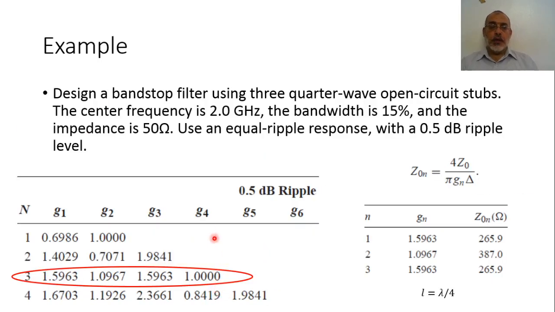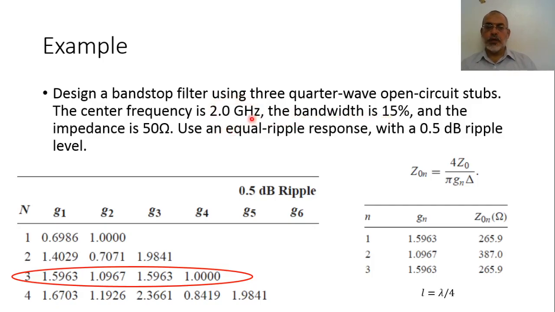As an example, it is required to design a bandstop filter using 3 lambda by 4 open circuit stubs. The center frequency is 2 GHz and the bandwidth is 15%.